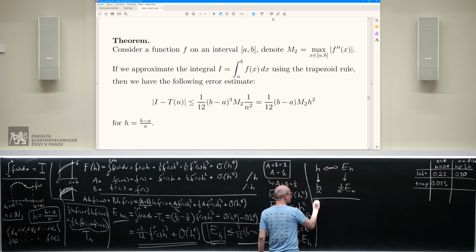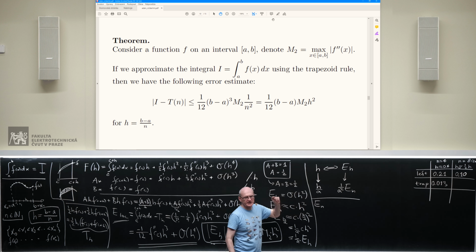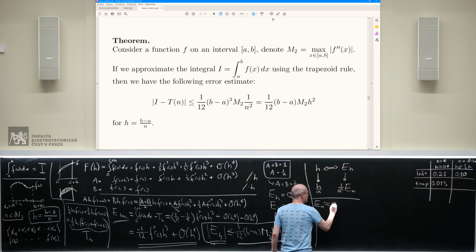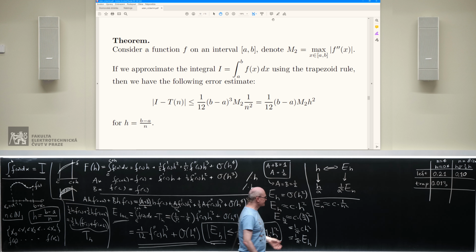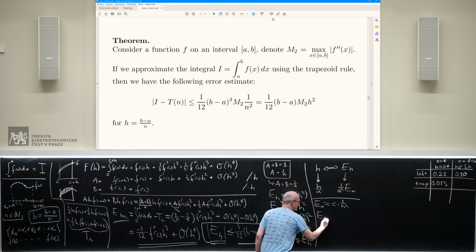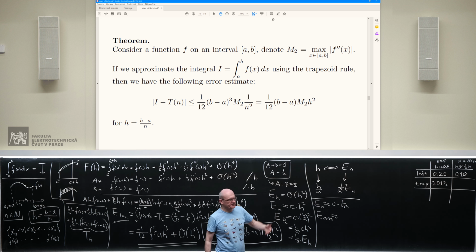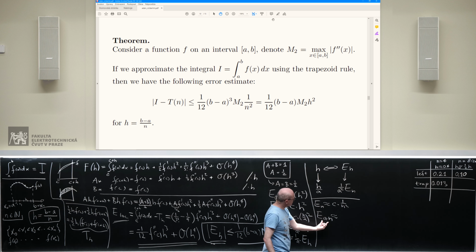By the way, one can also work it like that. The error, as dependent on the partition size, is proportional to 1 over n squared. And then when you want a better measurement, it means you have to multiply the partition size by some constant a, which should be a positive integer. And you can follow a similar calculation.